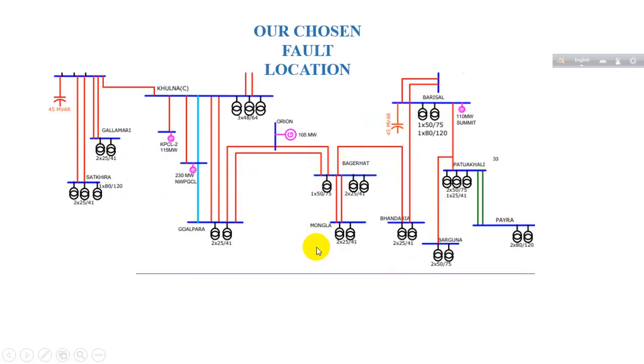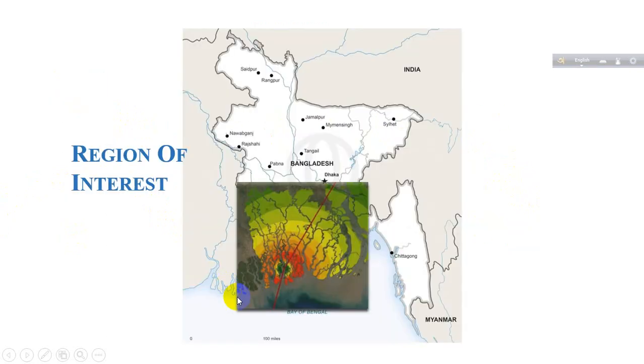Next, we went through the website of PGCB and collected that map covering the area of Khulna to Barisal, Potuakhali, this portion Satkhira, Goalpara, Bhandaria, Bagerhat, mainly this area.